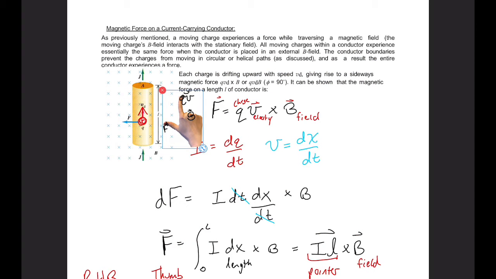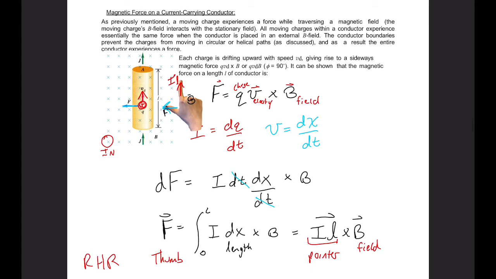Here you see that the qV is replaced with the quantity IL, and that points up, the same direction as the current. The B is a symbol and points in, and F is the force from our thumb, like that.